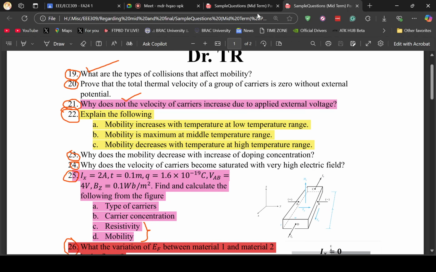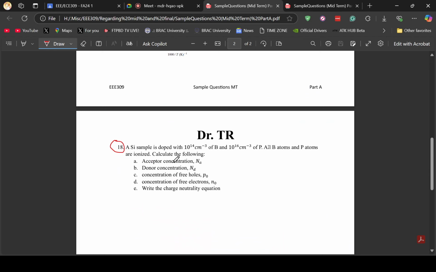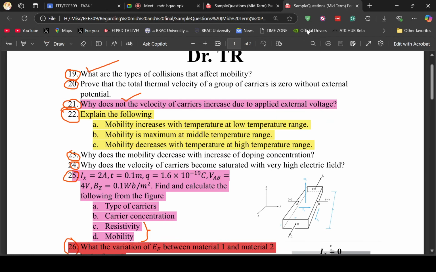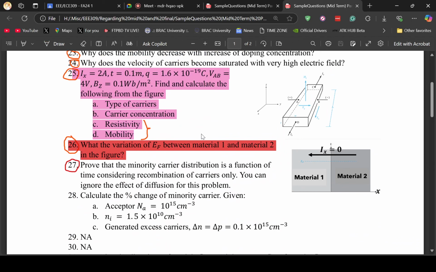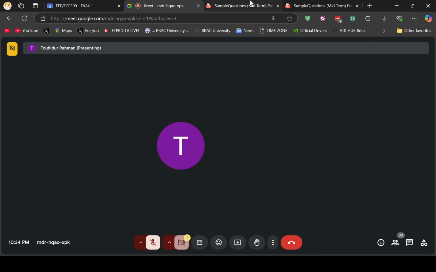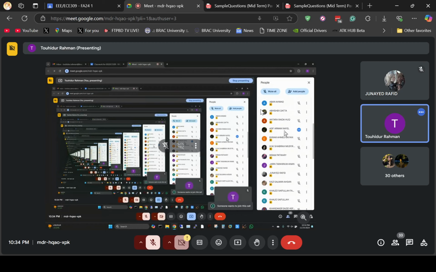Let's move on to the next one. Abun Ahmad, do you have any question? No, sir. Did you say no? Yes, sir. No, sir. I don't have any question. Okay, all right. Abhishek Dotto, do you have any question? No, sir. Antara Raida Hawk, do you have any question? No, sir. All right. Asif Arman Nail.